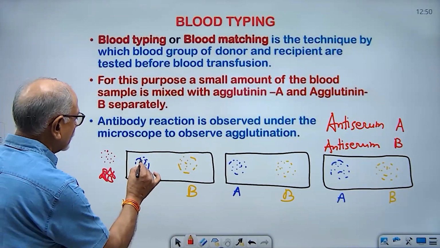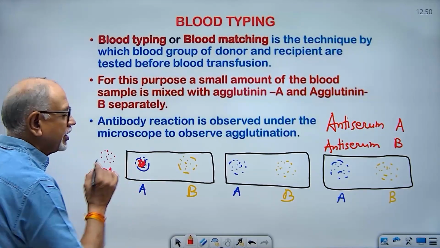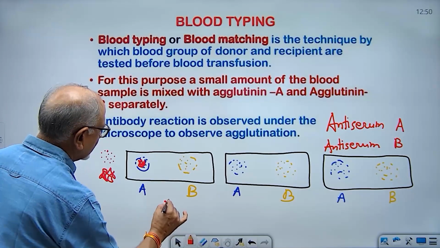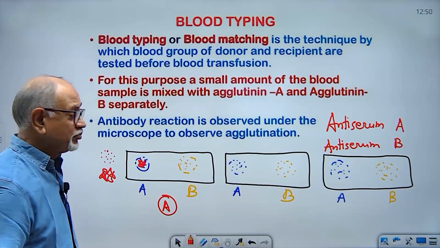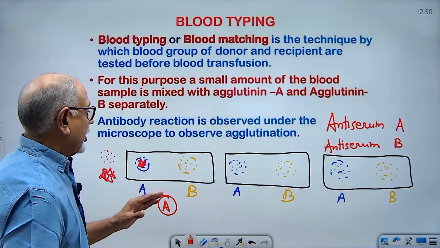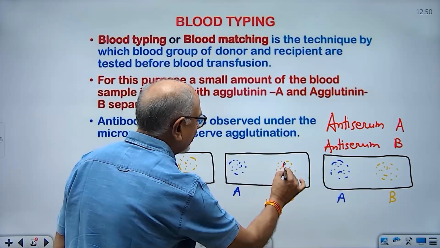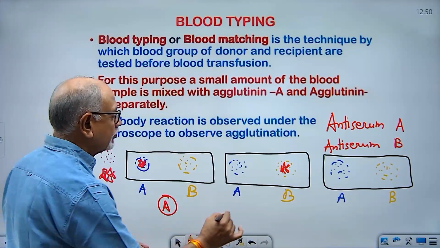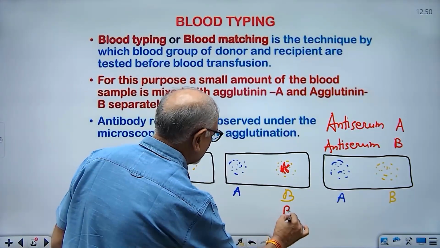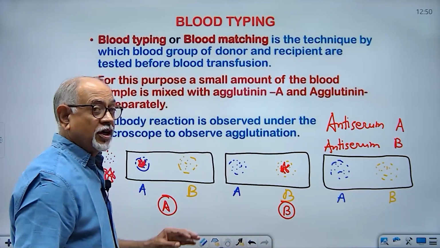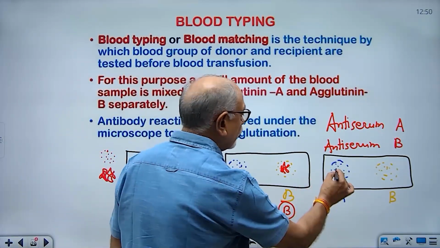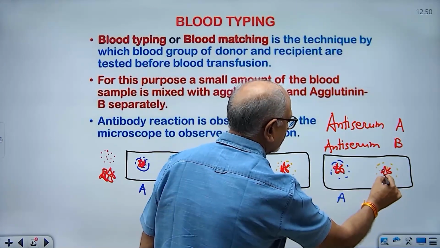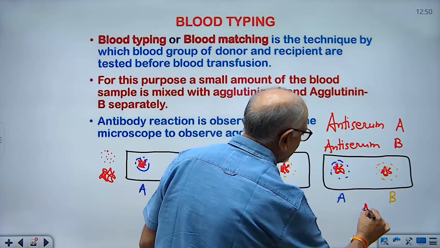If agglutination is seen here, that means this is blood group A. Okay. If agglutination occurs here in antiserum B, that means blood group B. If agglutination occurs in both, this is blood group AB.